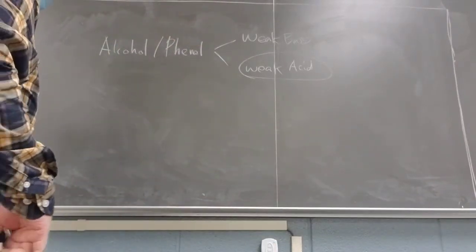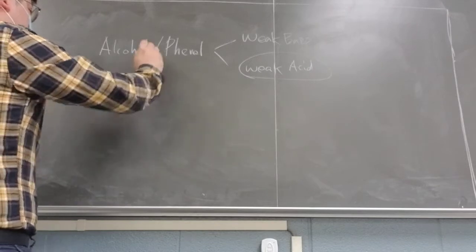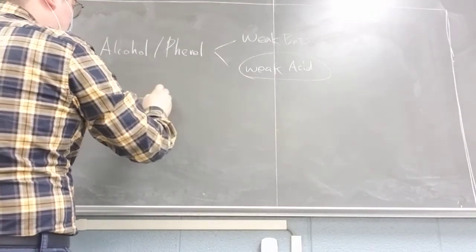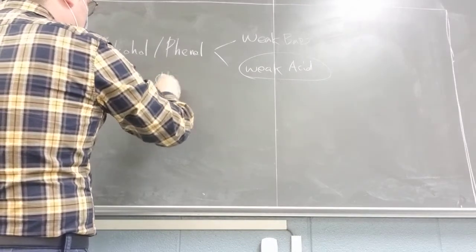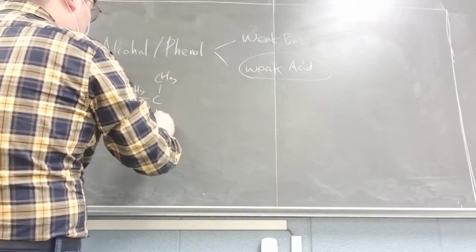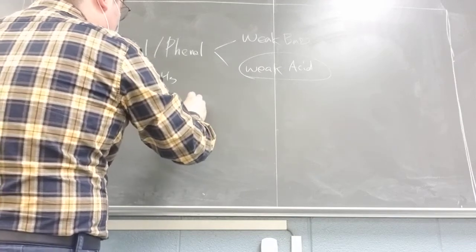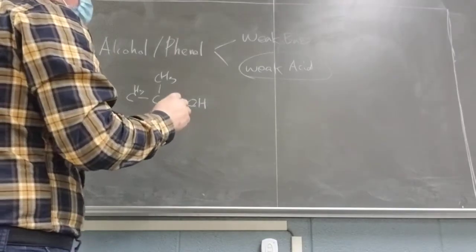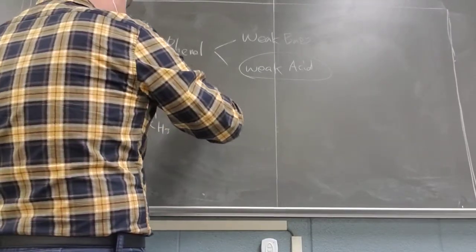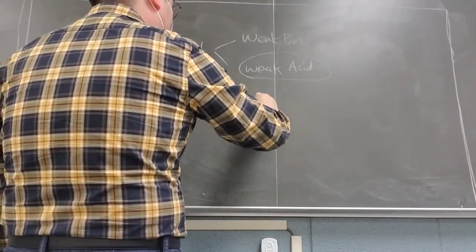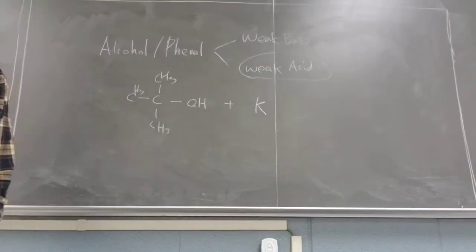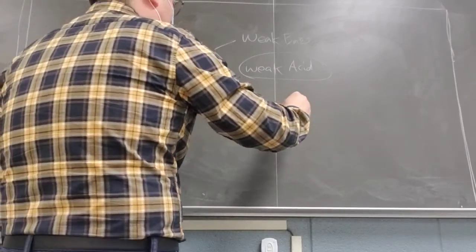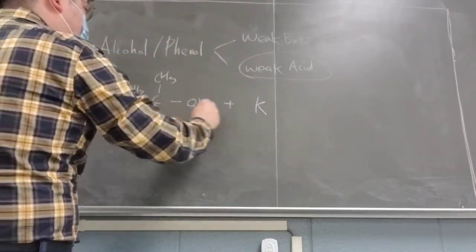So here's some examples we can try. If you have tert-butanol, and we have some alkali metal like potassium over here, we can expect two of each.